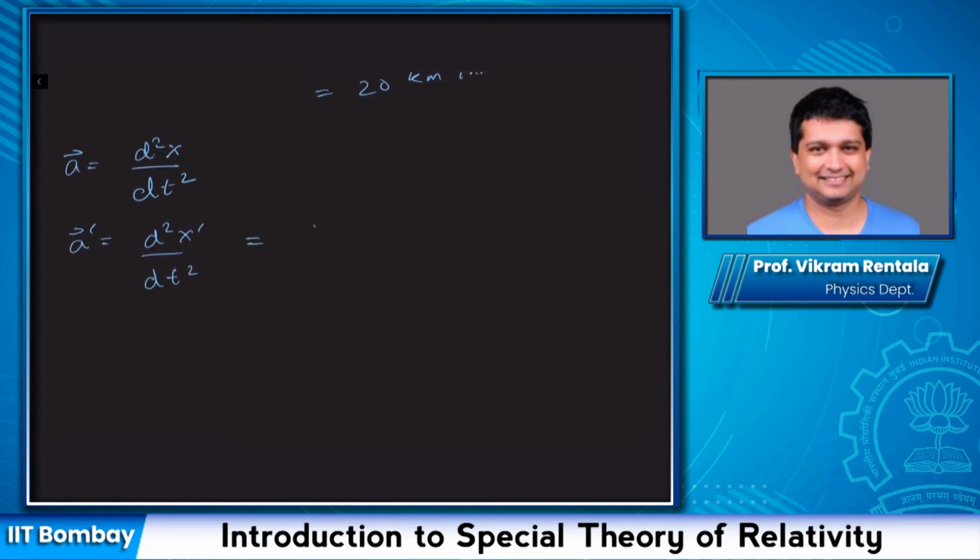So this, in other words, can be written as dv prime by dt prime. And because t prime is the same as t, this can now be written as dv prime by dt. And because we know the dictionary now, which relates v prime to v, v prime is simply v minus dA by dt.